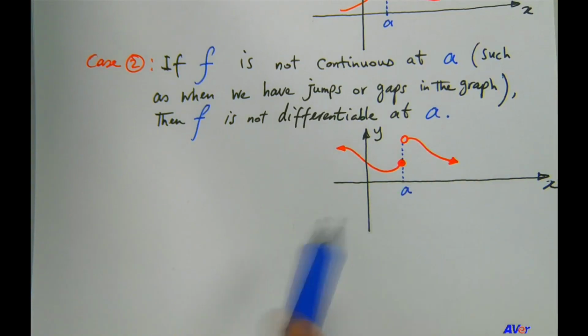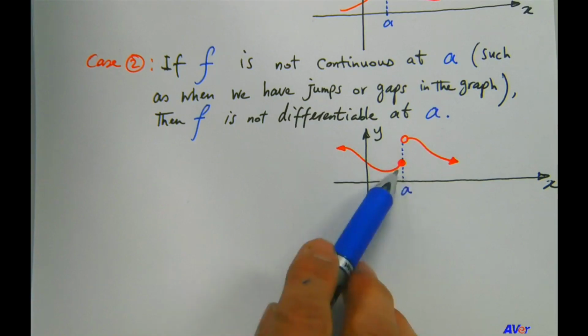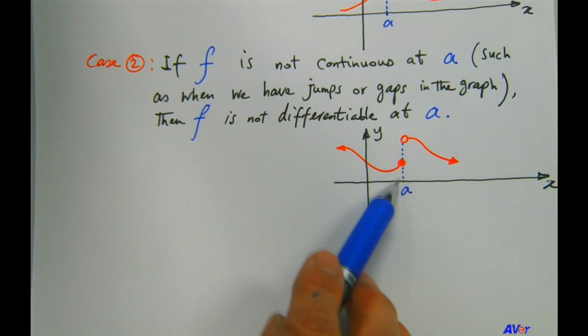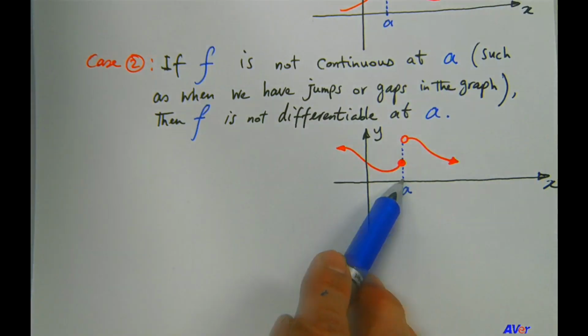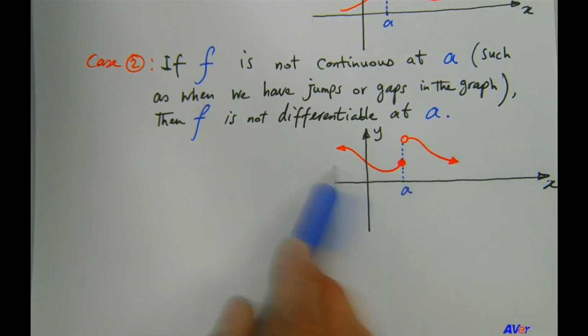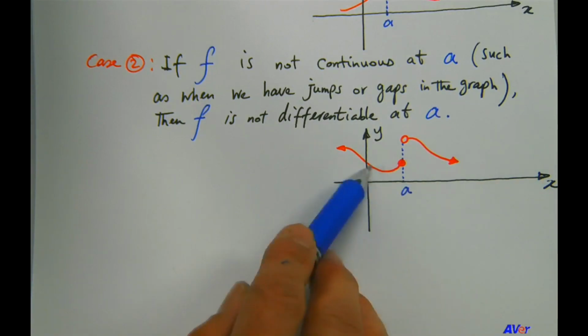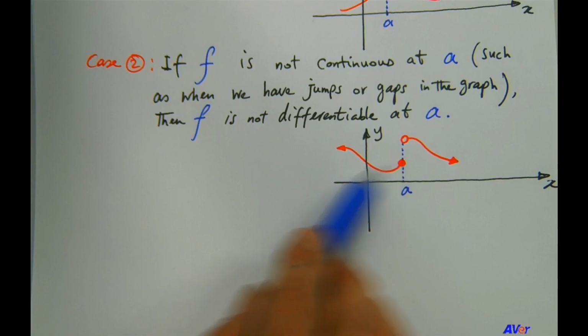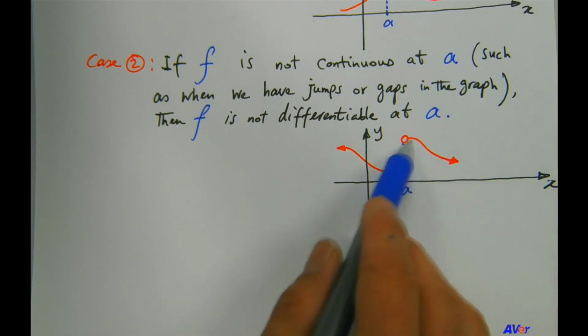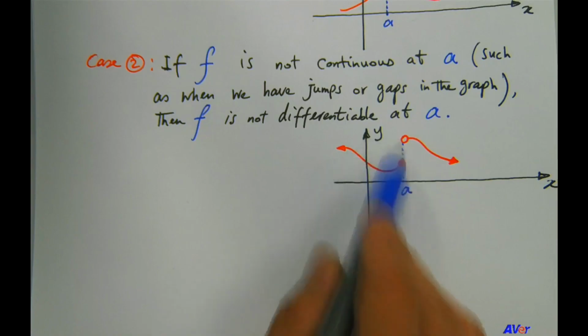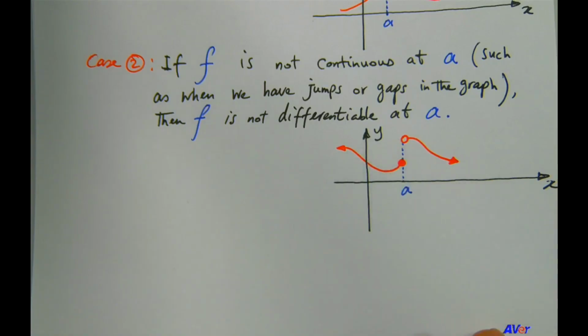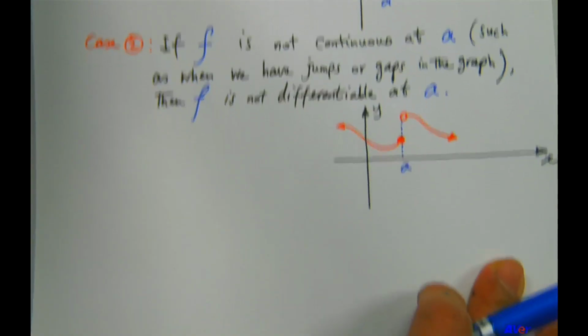So once again, this function is not going to be differentiable at point A, right? If you take the limits from the left, approaching A from the left, what do you get? You get this value, right? If you approach it from the right, what do you get? You get that value, which is not, those values are not equal to each other, okay?